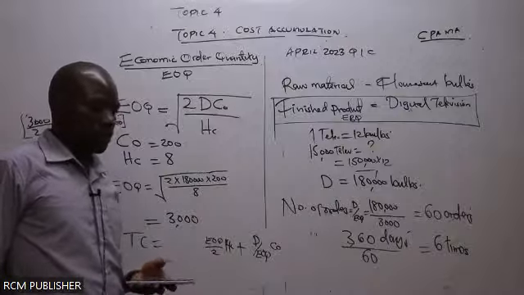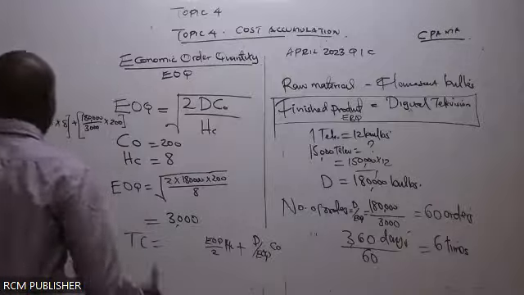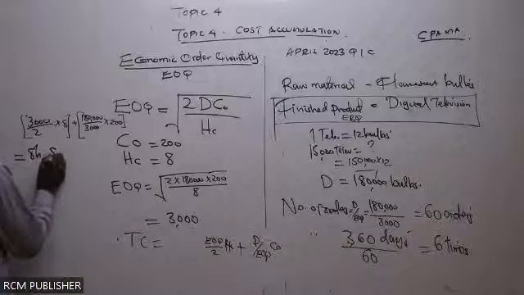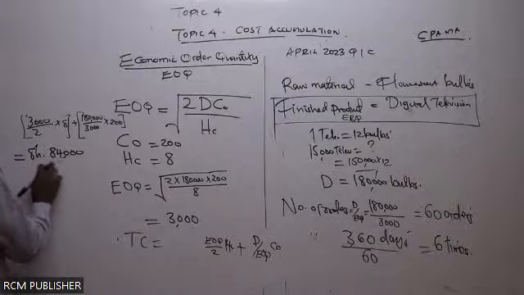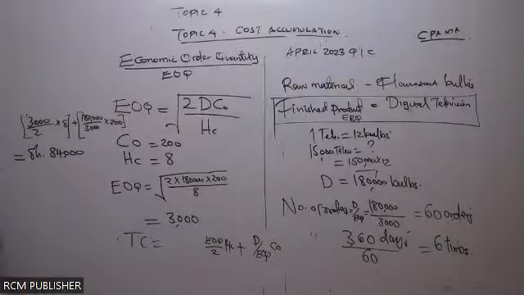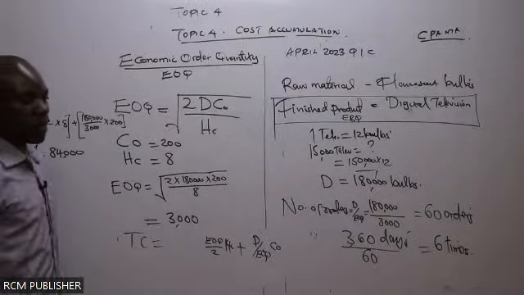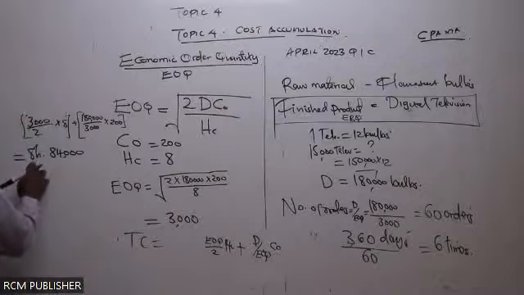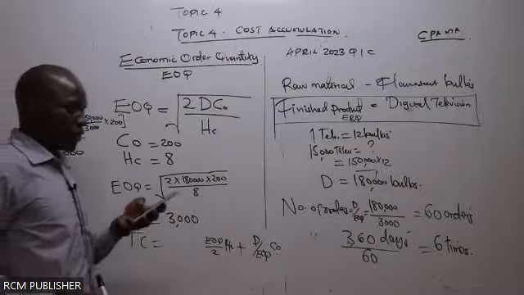These are the questions. Somebody should be able. So we have 84,000. We have 84,000 shillings. That is the total cost.